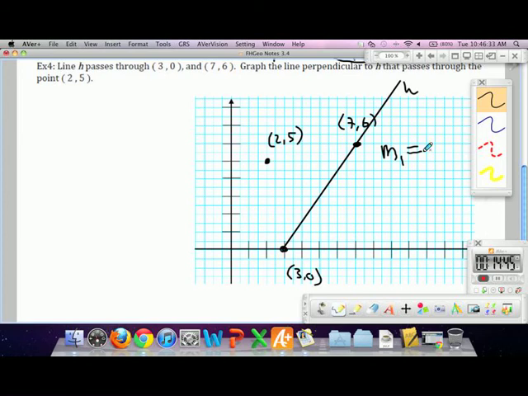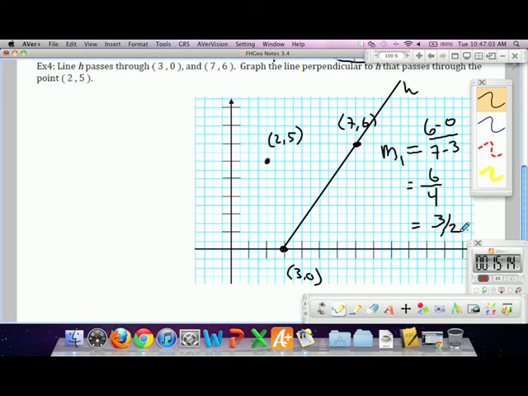So what's the slope of the first line? 3 over 2. 6 minus 0 over 7 minus 3, which is 6 over 4, which is 3/2. y2 minus y1 over x2 minus x1, simplify.